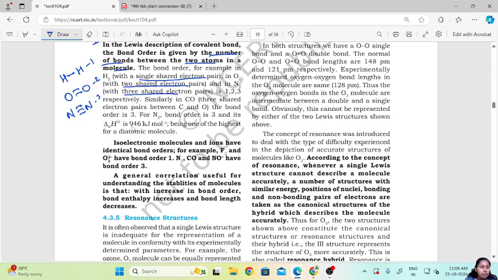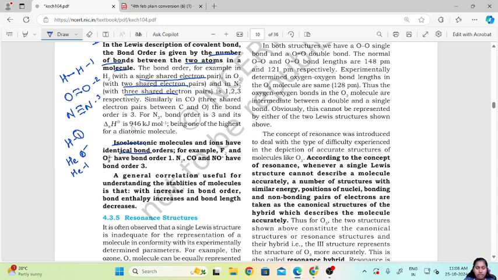For example, we say hydrogen and hydrogen-like species: hydrogen has 1 electron, helium has 2 electrons, but when you remove 1 electron, helium becomes He+, which is similar to hydrogen. So isoelectronic molecules means molecules with the same electronic configuration, or the same electrons in them. Those molecules will have an identical bond order.